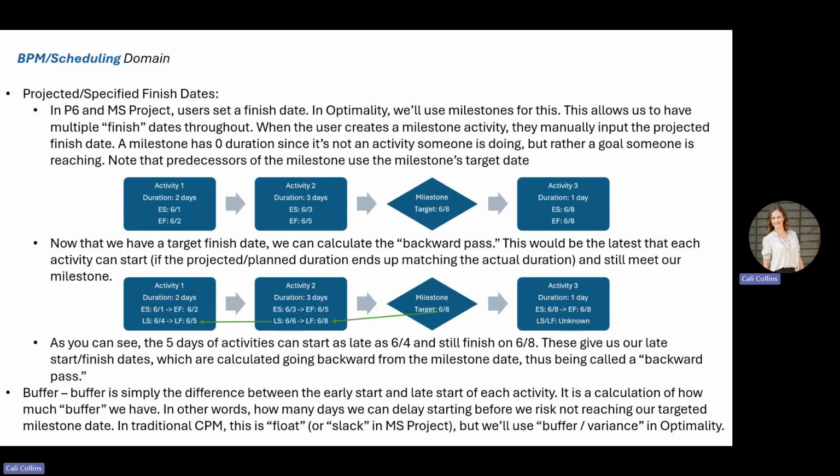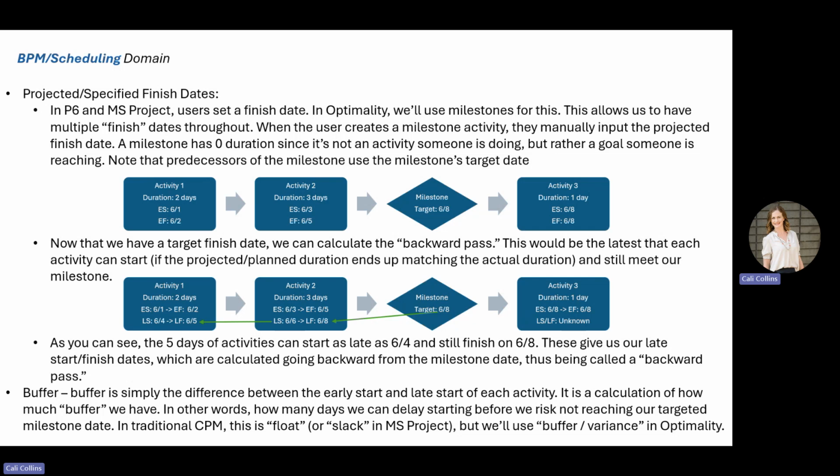So now let's look at the projected or specified finish dates. In P6 and Microsoft Project, the user can set a finish date for their overall project. In Optimality, we set the finish dates based on your milestones. This allows you to have multiple finish dates throughout. When a user creates a milestone activity, they are manually inputting a projected finish date.